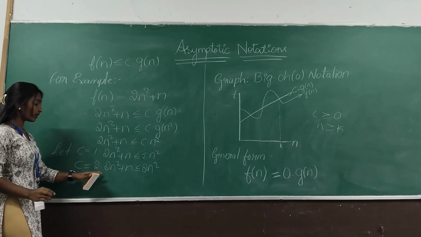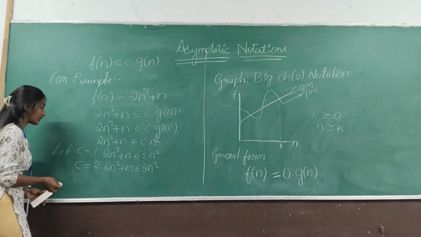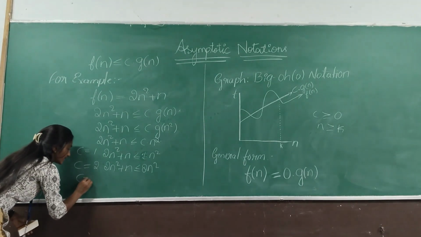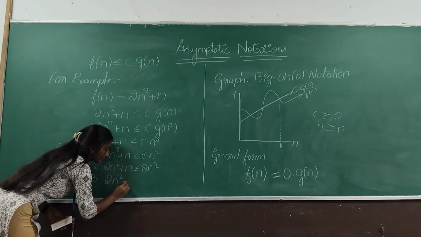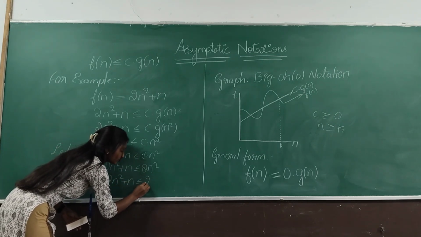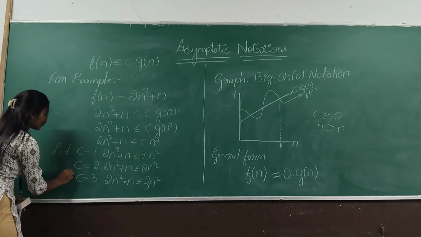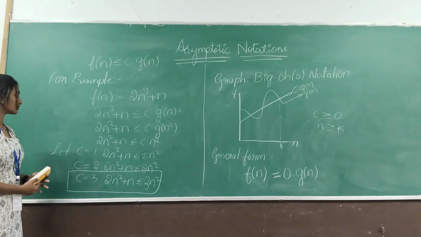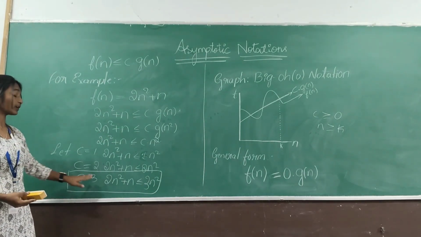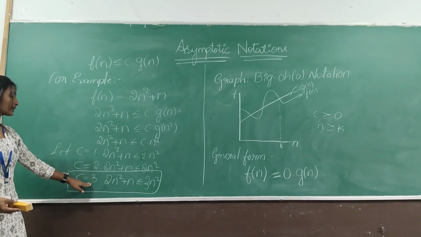So this condition will also not be satisfied. Then we give the value 3 for c, and this condition will be satisfied. For the c values 4, 5, these conditions will also be satisfied.